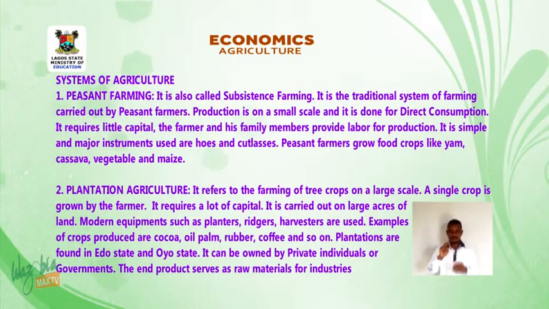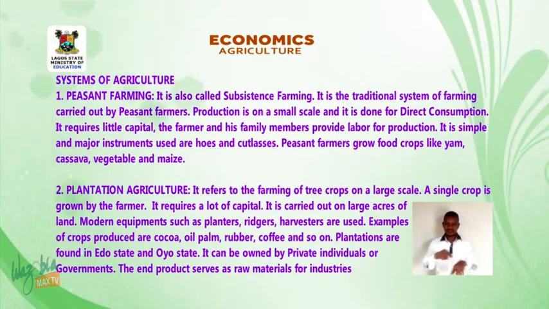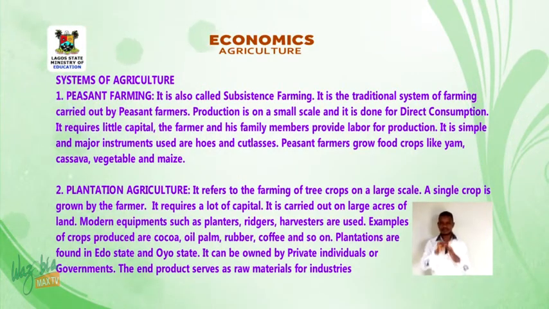Number 2, plantation agriculture. It refers to the farming of crops on a large scale. A single crop is grown by the farmer. It requires a lot of capital. It is carried out on large acres of land. Modern equipment such as planters, ridgers, harvesters are used.